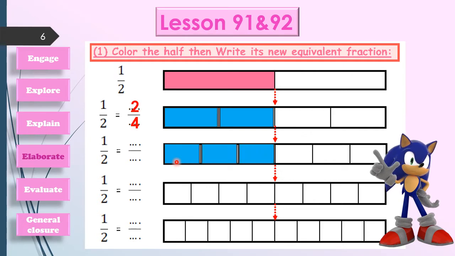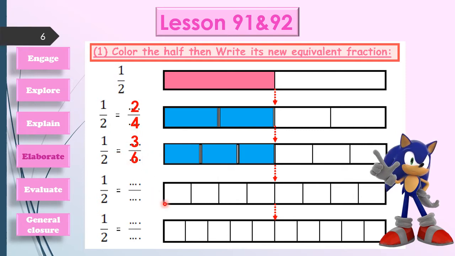We colored only 3 parts out of 6. Then write down here in this fraction the number of all parts. It will be 6 in denominator, and the number of shaded parts, it will be 3 parts in numerator. Then half will be equal to 3/6.